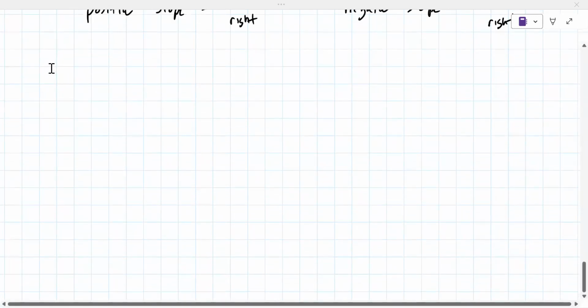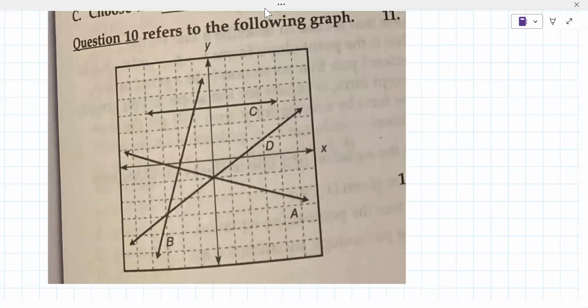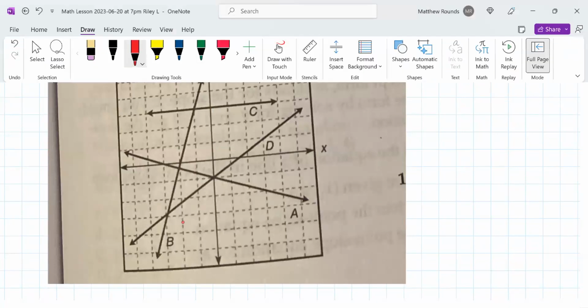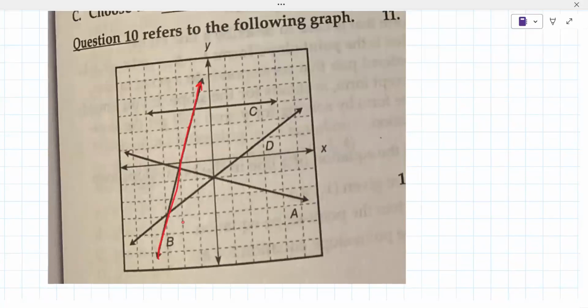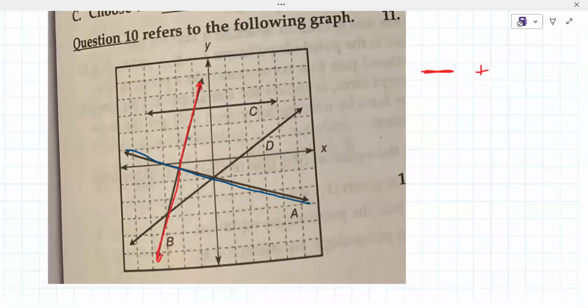So what we're going to do now is look at this graph here, and I'm going to color code them, and you're going to tell me whether the slope is positive or negative. So is this one in red here, does it have a positive or a negative slope? Positive, yeah. Now let's look at the one in blue here.